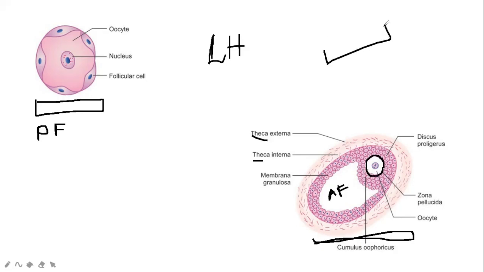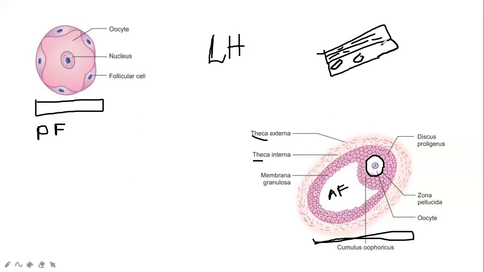You have a theca externa that is fibrous. It has lots and lots of collagen, few cells, and also fibroblasts within. If you remember the histology, it's almost like dense irregular connective tissue. The theca interna is actually cellular, almost like the perichondrium and the periosteum, full of cells.